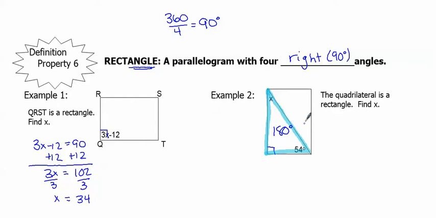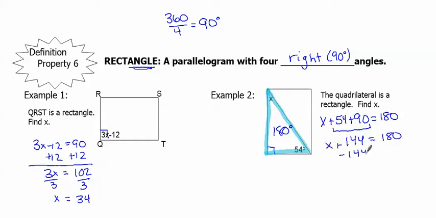So if I need to make an equation out of this, I have my x, my 54, my 90, and all together they add to 180. So I'm going to combine my like terms, subtract 144 on both sides, and x is equal to 36.